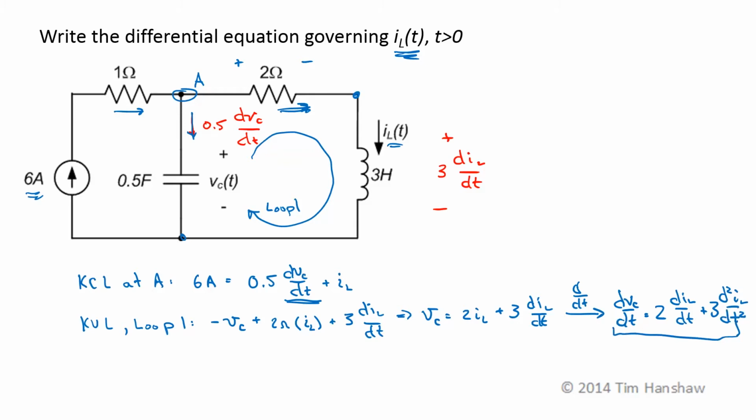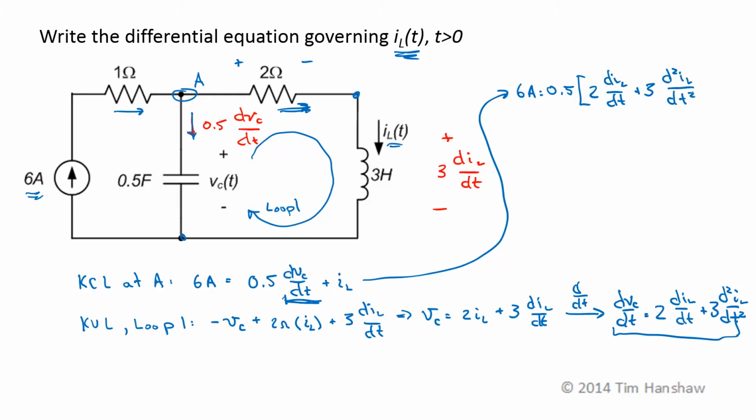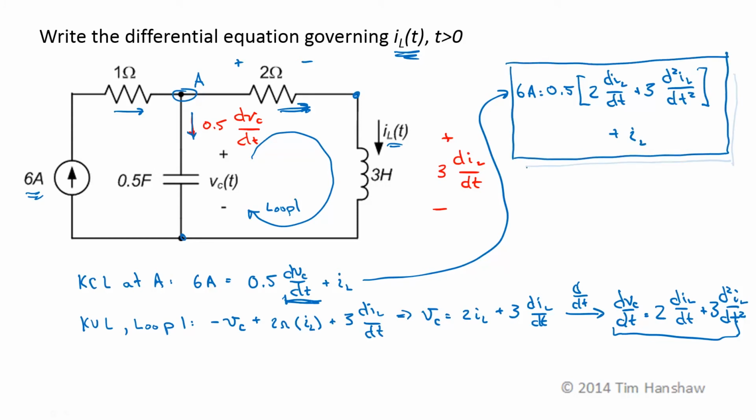Now I can plug this in for dVc by dt. Going up here, 6 amps is going to be 0.5 times this mess, 2 dIL by dt plus 3 d squared IL by dt squared, plus IL. There's a second order differential equation for I sub L. I can simplify it if I want, but it's a legitimate answer to the question as is.